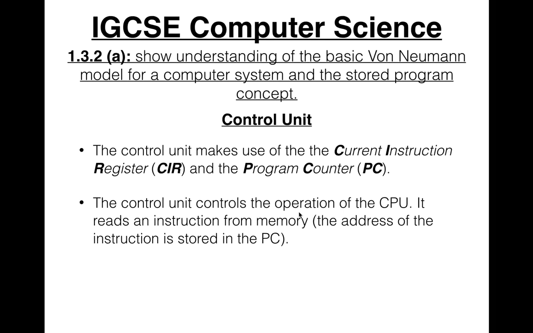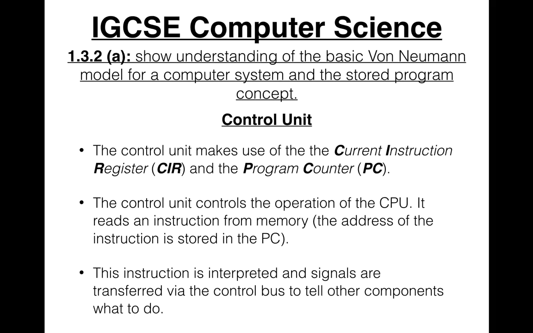So the control unit controls the operation of the CPU. It reads an instruction from memory, so the address of the instruction is stored in the PC. This instruction is interpreted and signals are transferred via the control bus to tell other components what to do. So that's pretty much how the control unit works in a nutshell.